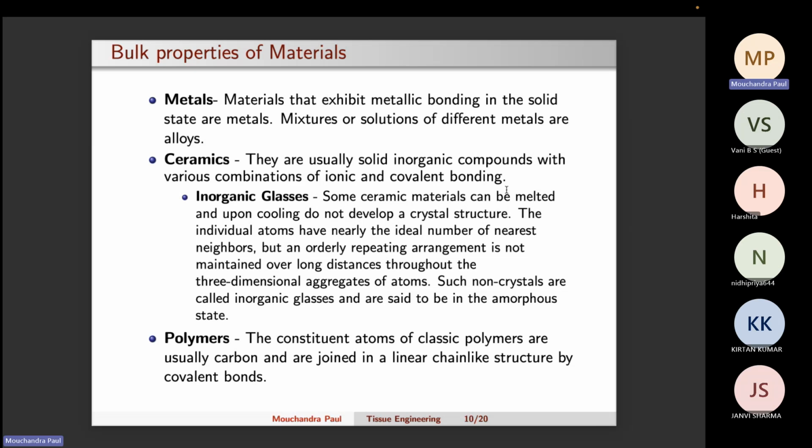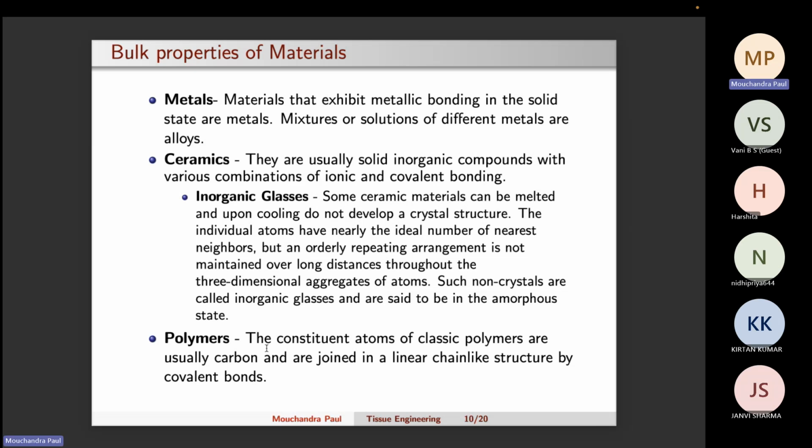Now, the third class of material is called polymers. Polymers, as I told you, are nothing but various monomers, or small units, joined together through a covalent bond to form a chain-like structure.